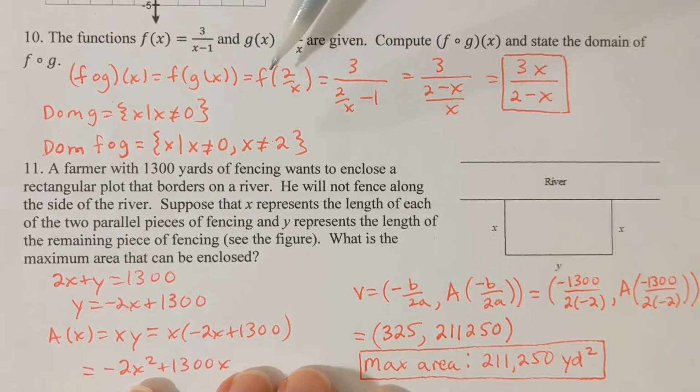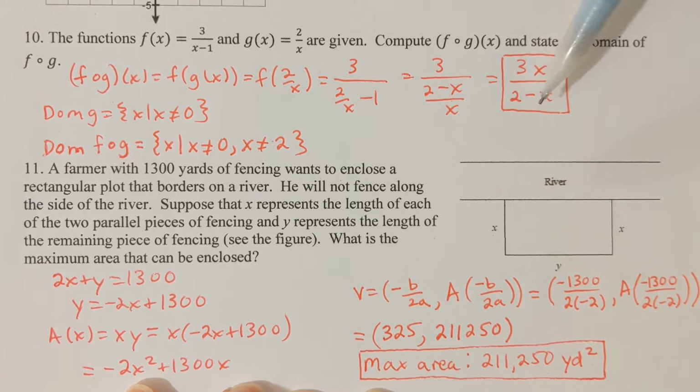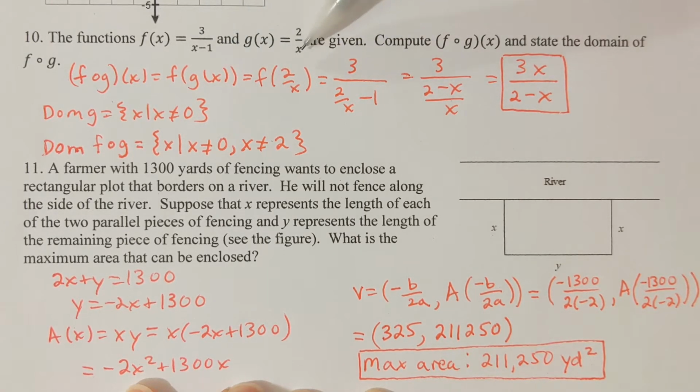Now, I've computed the composite function and I've simplified, and 2 would be a problem with what I have circled here, right? Because I know I can't divide by 0. So all in all, I'm going to throw away 0 as a result of what I said about g, and then 2 from what I got here in computing the composite function.